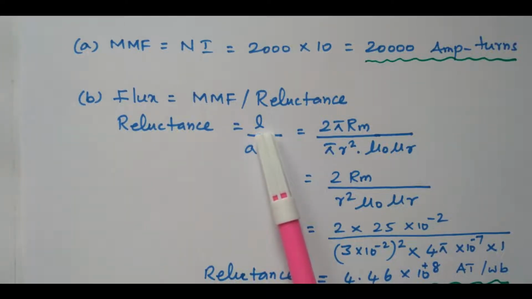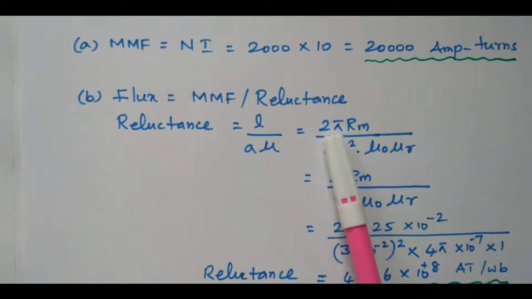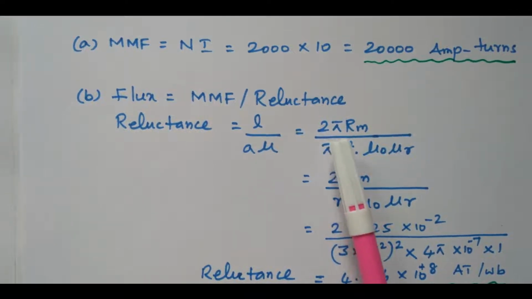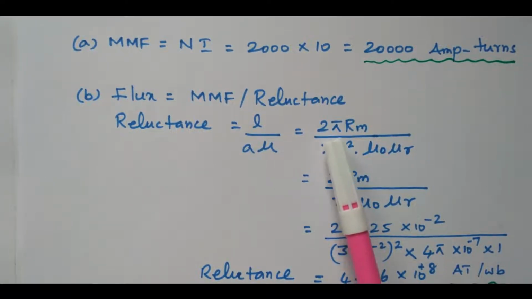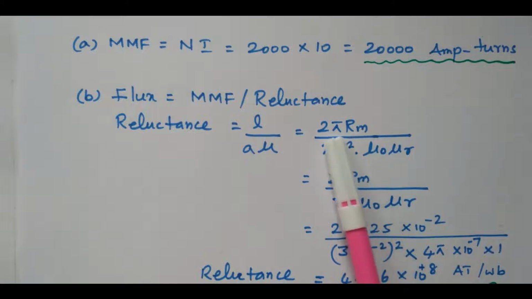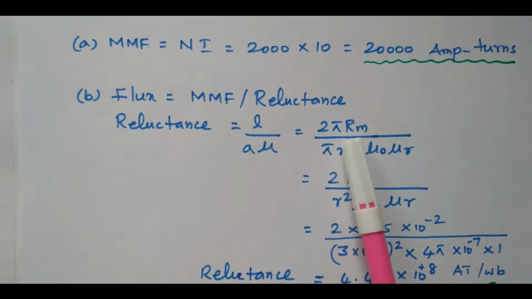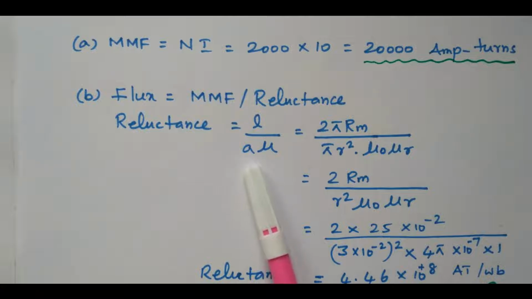The L is nothing but the circumference, because it is a toroidal coil. Toroidal means circular form. So the length of the core is nothing but the circumference of the core. L equal to 2 pi Rm. This Rm value is given. The A is nothing but the area of the coil. This L refers to the length of the core. This A refers to the area of the coil, pi r square.